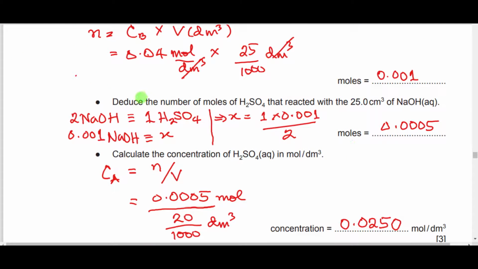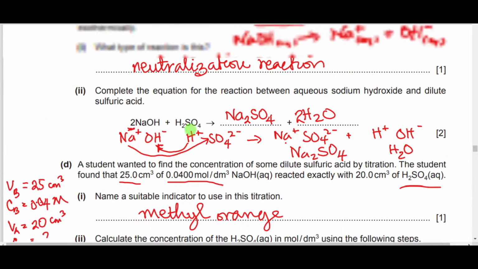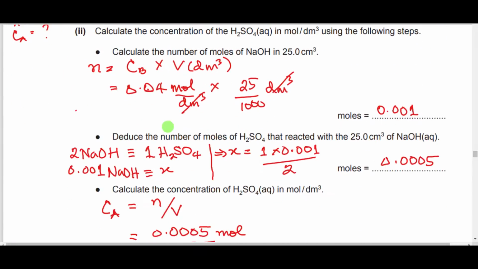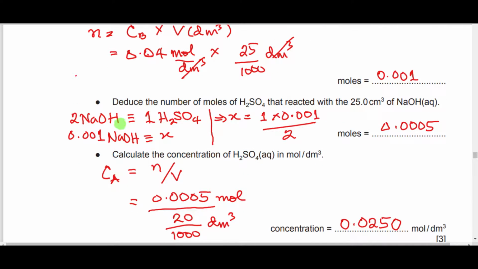Then from here, we are told to deduce the number of moles of H2SO4 that reacted with the 25 cm cube of the base. We can only do this using the mole ratio. From the mole ratio, 2 moles of the base reacted with 1 mole of the acid. It means that for every 2 moles of the base used up, 1 mole of the acid was used up.